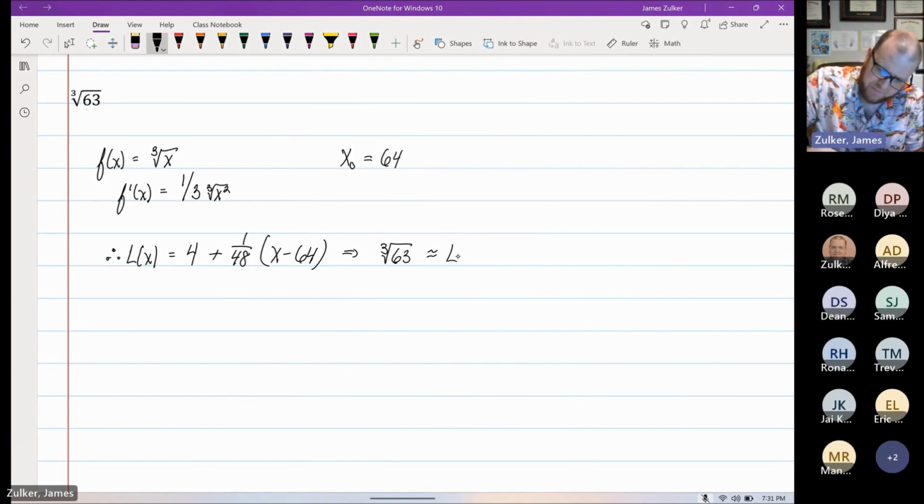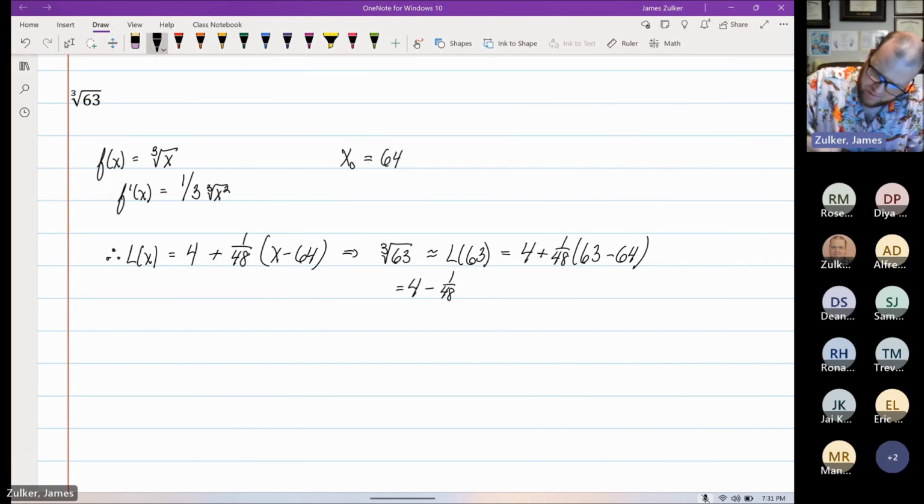Okay, 63 is going to be about L of 63. It's going to be 4 minus 1/48.